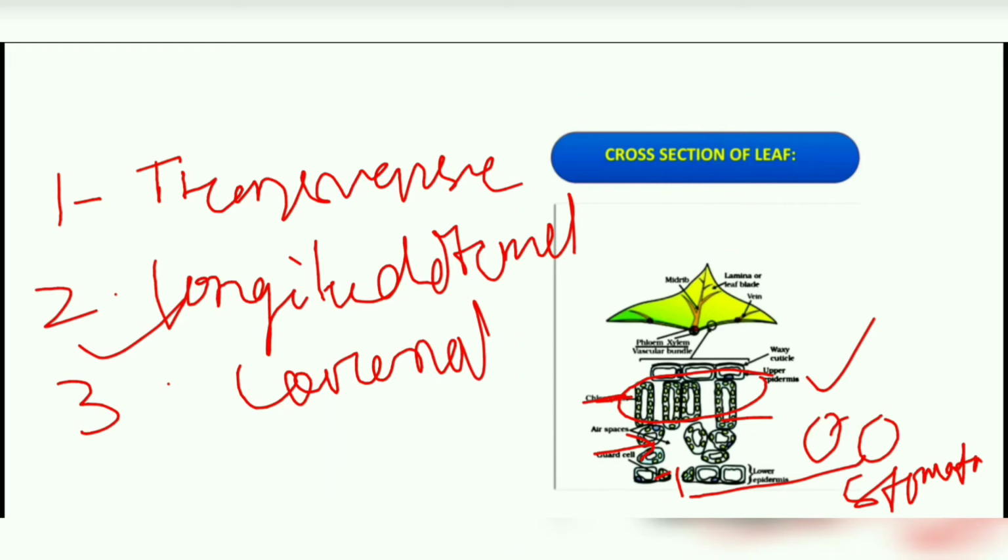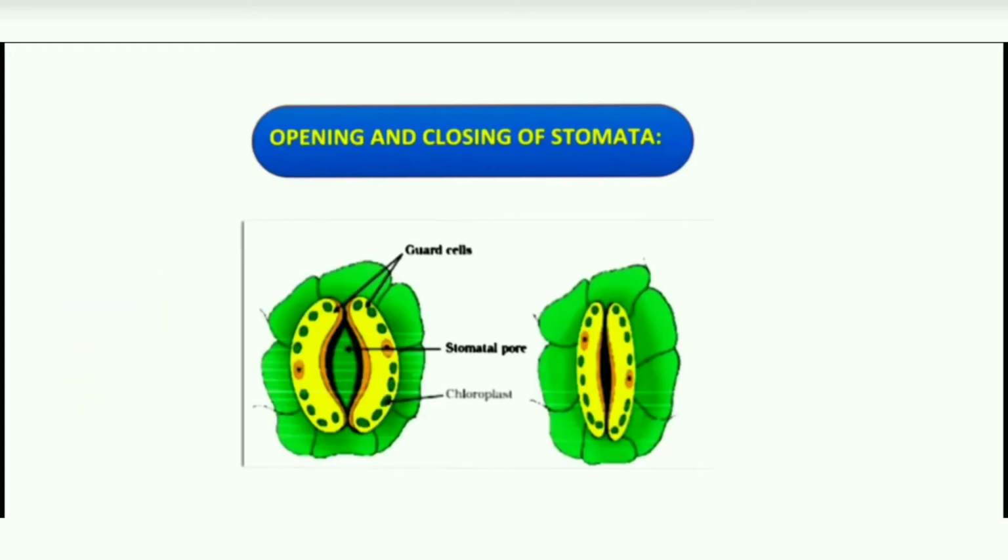Carbon dioxide is transported inside the leaves by the stomata, but it cannot be kept open all the time. What happens? When carbon dioxide is available, at that time the pore opens. If the pore is always kept open, there will be evaporation of water vapor, which can lead to lots of problems.